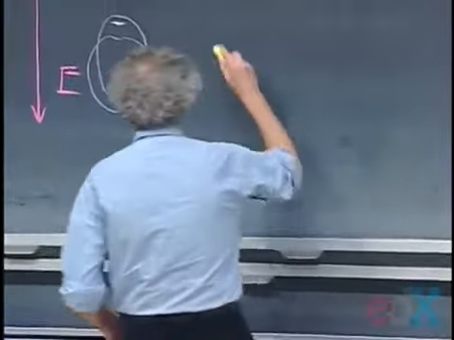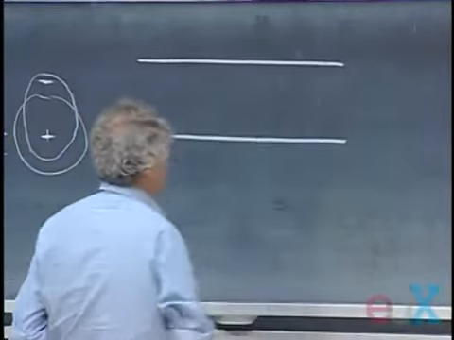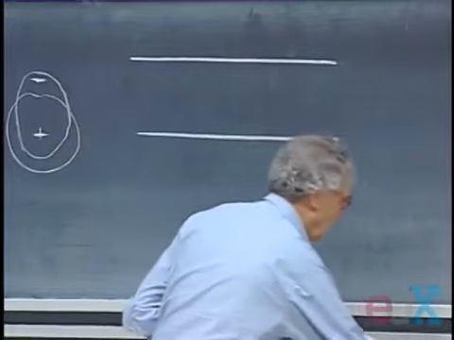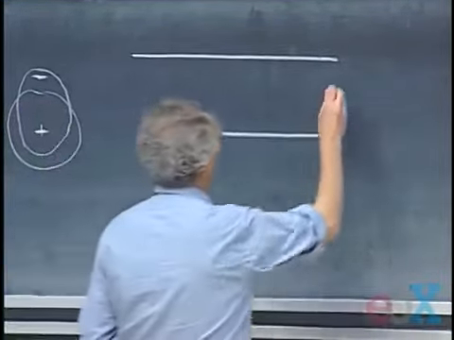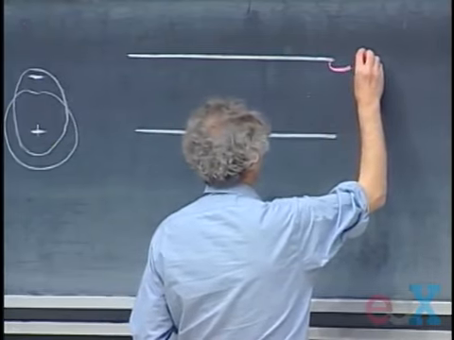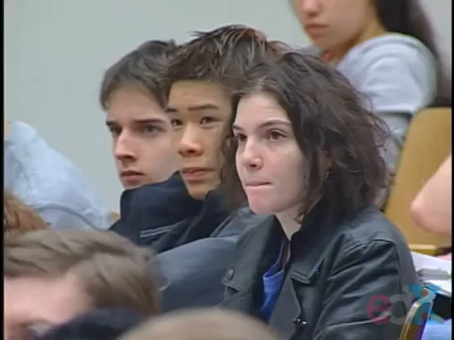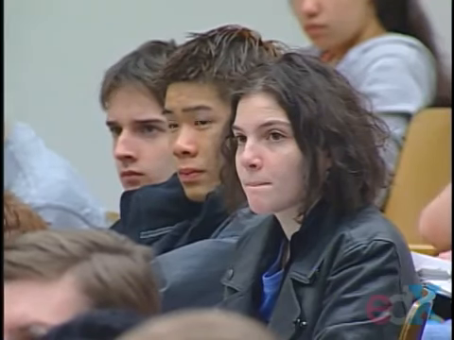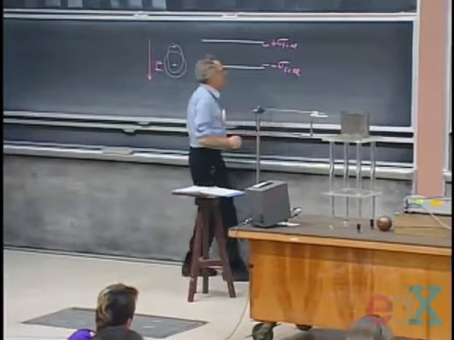Suppose we have a plane capacitor, two planes which I charge with a certain potential, and I have on here, say, a charge plus sigma, and here I have a charge minus sigma. I'm going to call this free. You will see very shortly why I call this free, and this is minus free.